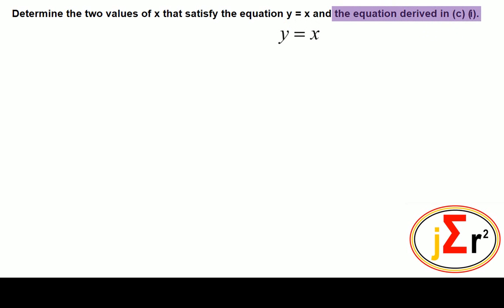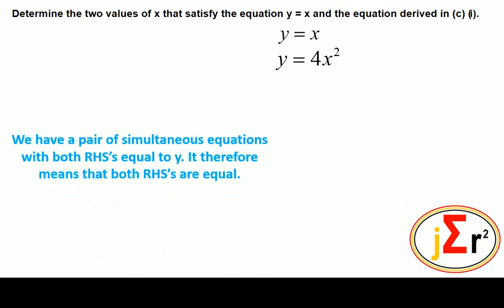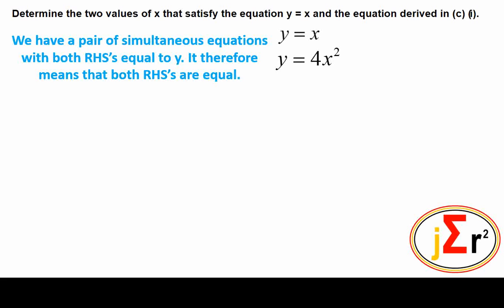And previously, the one before is y is equal to 4x squared. We have a pair of simultaneous equations with both right-hand sides equal to y. It therefore means that both right-hand sides are equal. And if both right-hand sides are equal, then it follows that both left-hand sides must be equal.